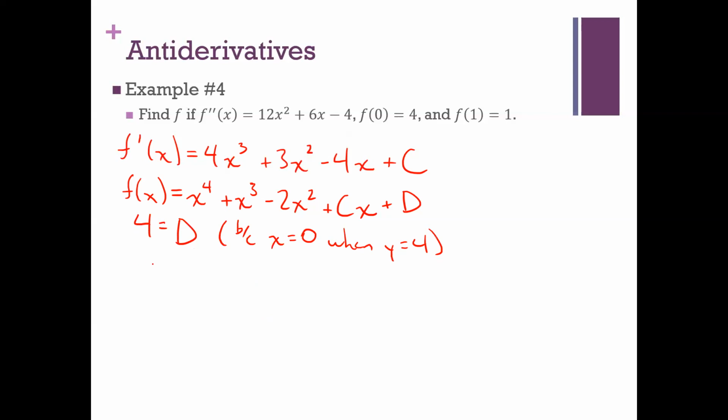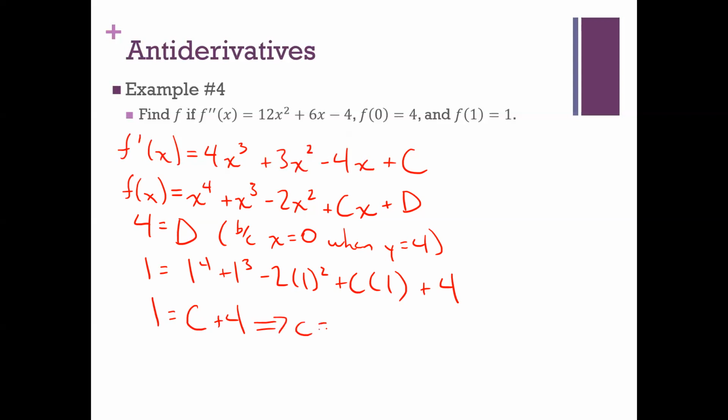Find c. So if I plug in 1 for x, I get 1 equals 1 to the 4th plus 1 to the 3rd minus 2 times 1 squared plus c times 1 plus 4. So 1 equals 1, 2, just 1 equals c plus 4.